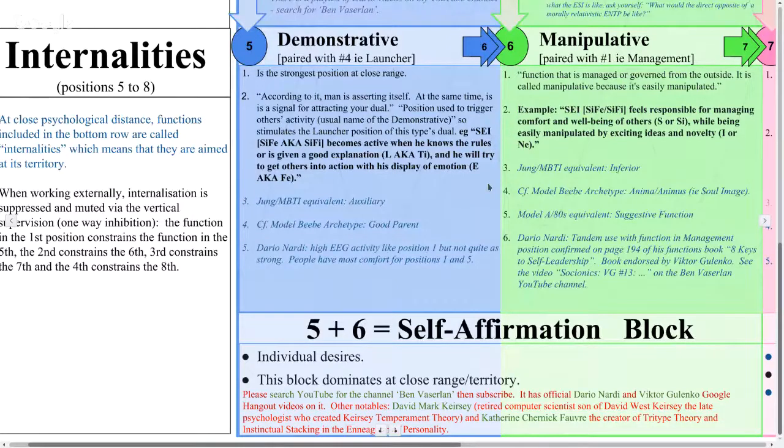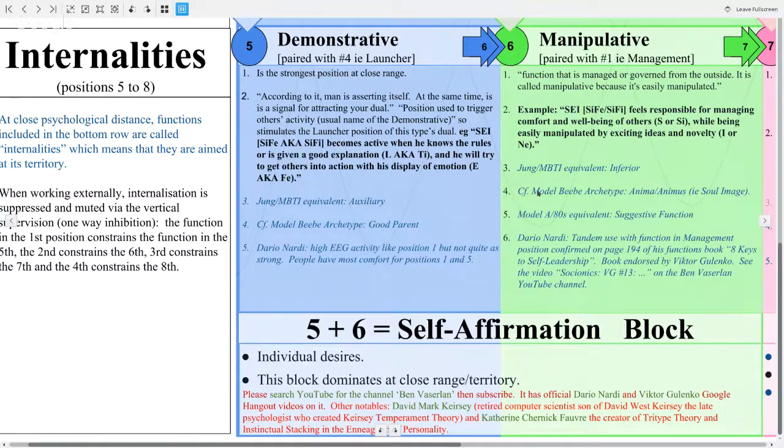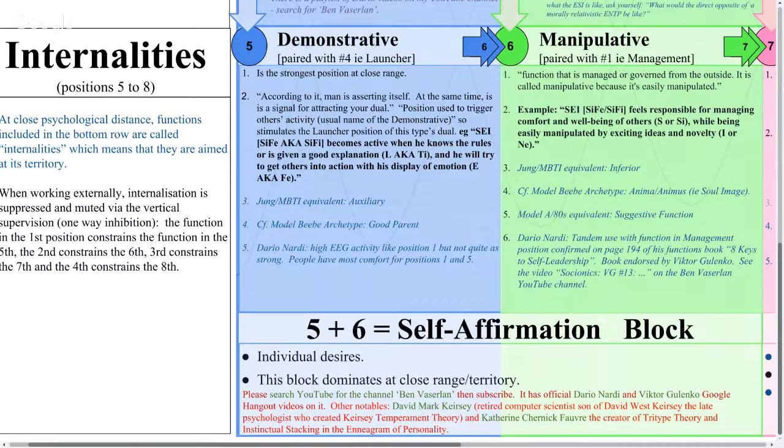So as you'll notice here, the energy is quite strong, but its use is situational. So the person has to be on their territory. For example, when I'm in Hangouts, I'm quite expressive, but I'm on my territory of talking about things that I'm interested in. When not on that territory, I am far less expressive.